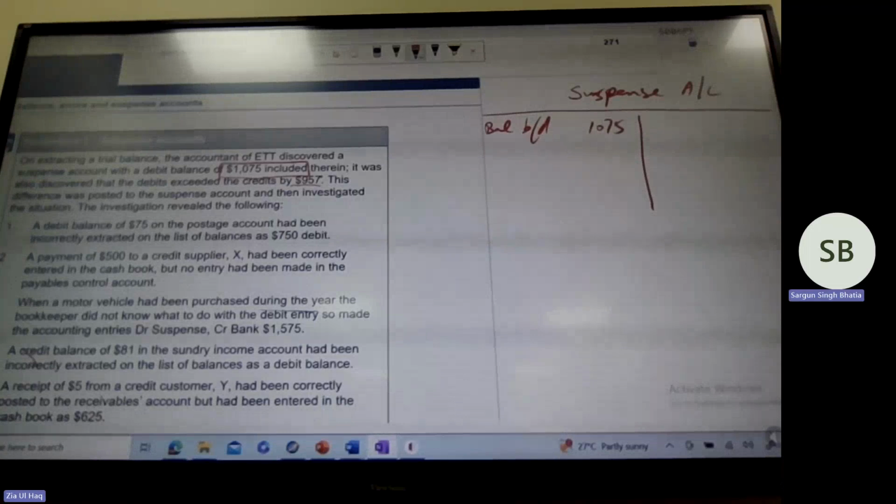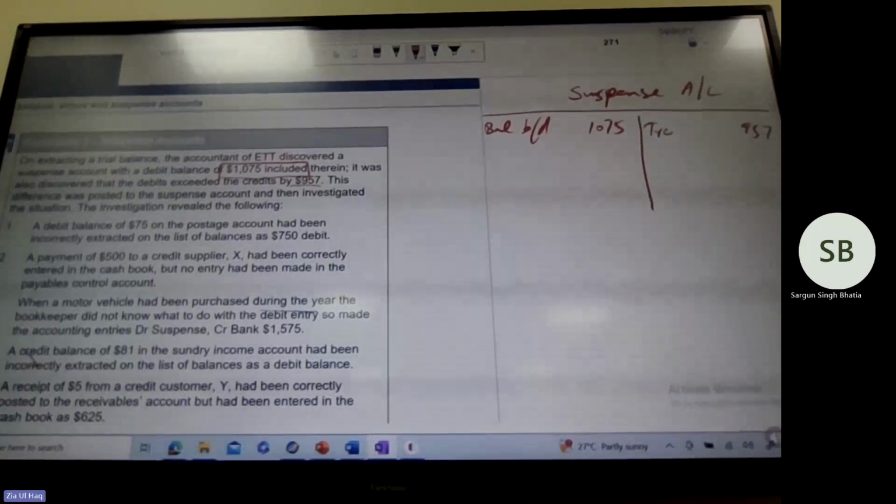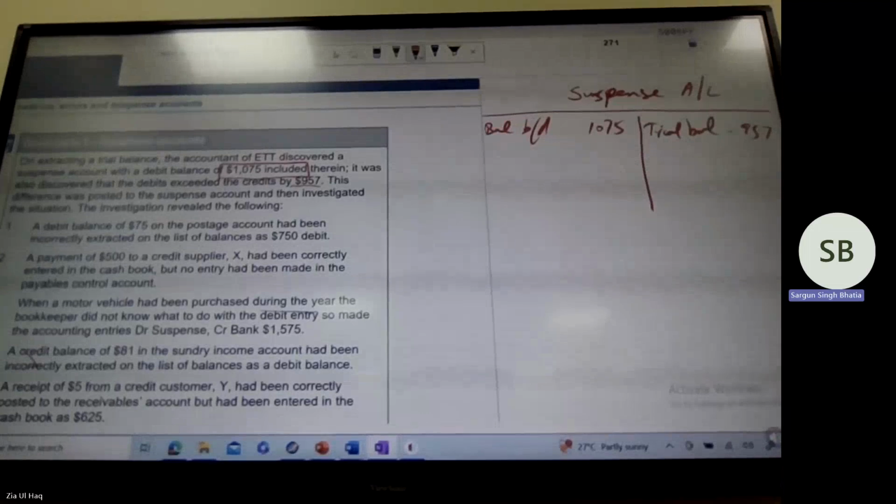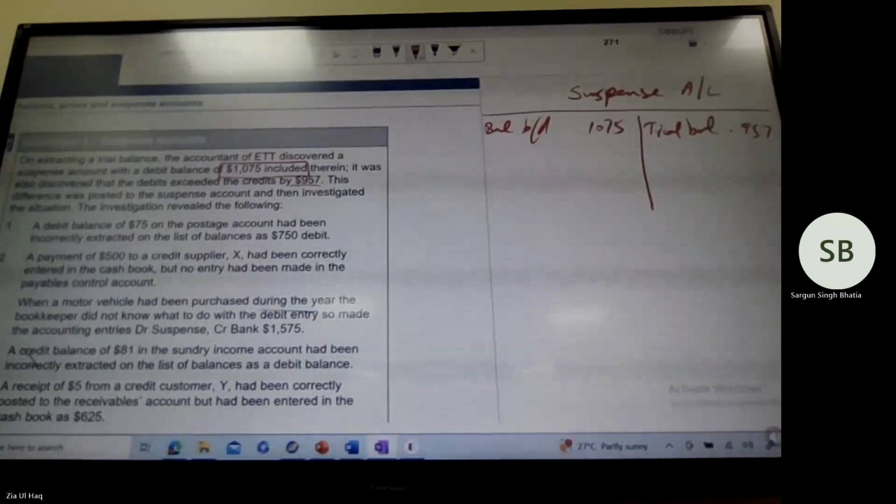If debit is more by 957, this means credit is less, so suspense will be on the credit side, 957. So we will put it on the credit side through the trial balance. This difference was posted to the suspense account and then the investigation adjudicated the situation.